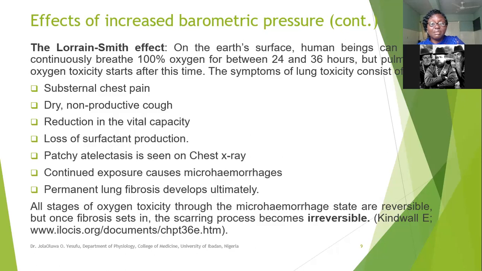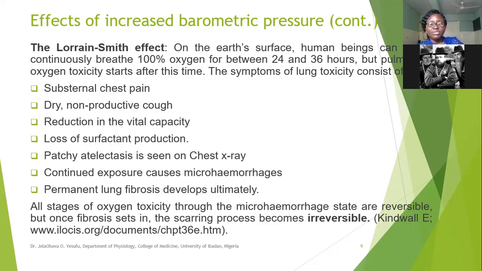It starts at that time. So now you can see all these symptoms here of lung toxicity. That's because you've been breathing 100% oxygen. So we were not designed to breathe 100% oxygen for more than 36 hours. What happens is the person starts experiencing chest pain. We say substernal chest pain. Some people might even think it's an ulcer, okay?